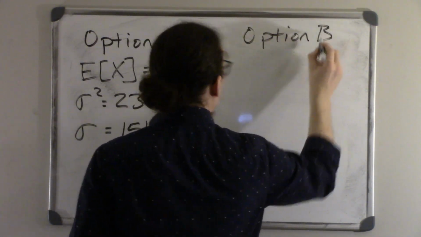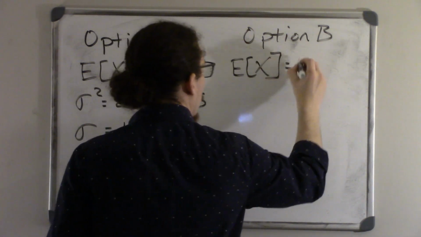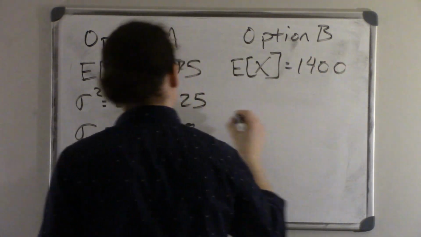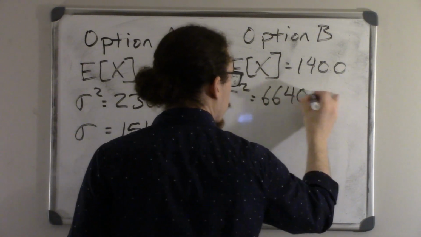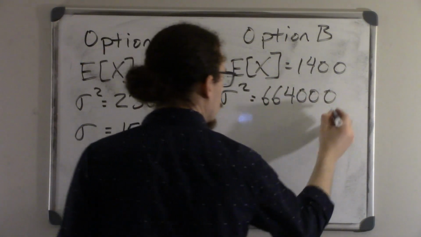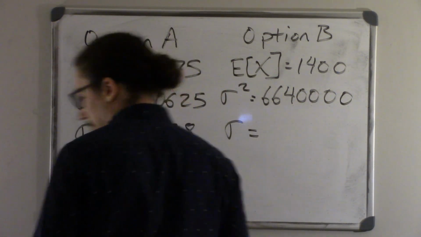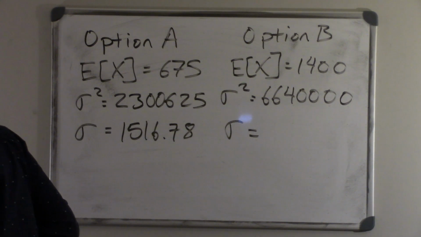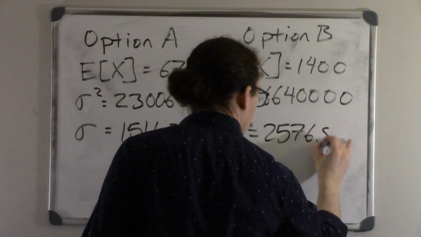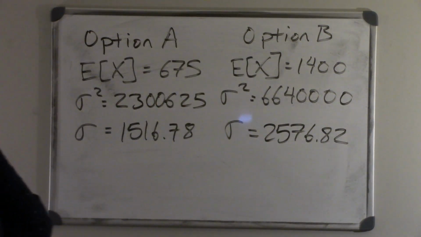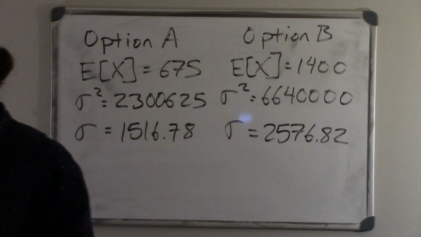For option B, we have an expected value of 1,400, a variance of 6,640,000, and a standard deviation of 2,576.82.